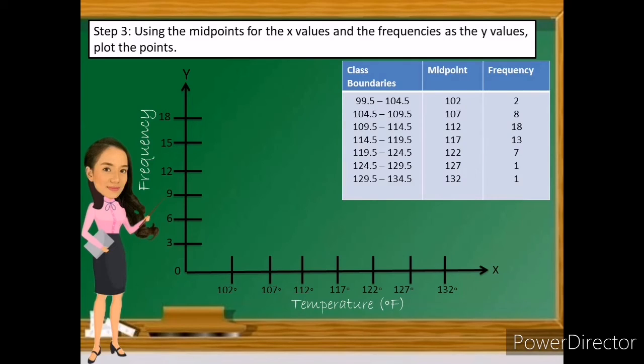So, we just need to look at our midpoint on the x-axis and our frequency on the y-axis. So in 102, we have 2, 107, and we have 8, 112, 18, 13, 7, 127 with 1, and 132 with 1.